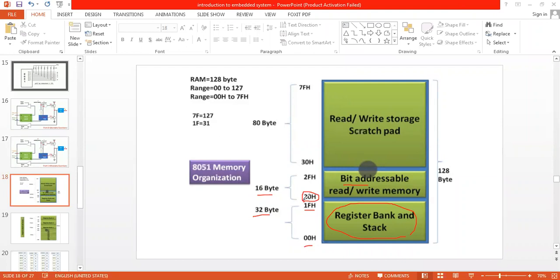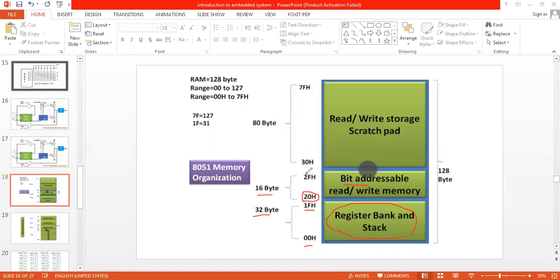Don't forget, remember it. Each bit can be accessed individually. Each bit will have an individual address again. Inside 20H, there are 8 addresses. Those 8 addresses represent 8 bits. We will see how it will be.